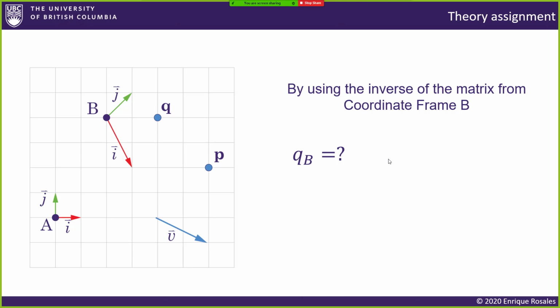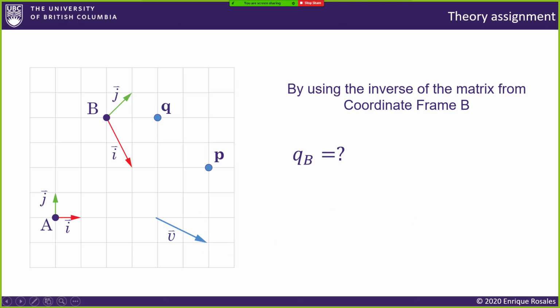So always try the easiest way first. If you can use the grid and give the solution just by seeing the grid, that is perfectly correct, either for theory assignments, a midterm or a final exam. But in this case, it's not possible to use the grid. So how do we need to compute this?